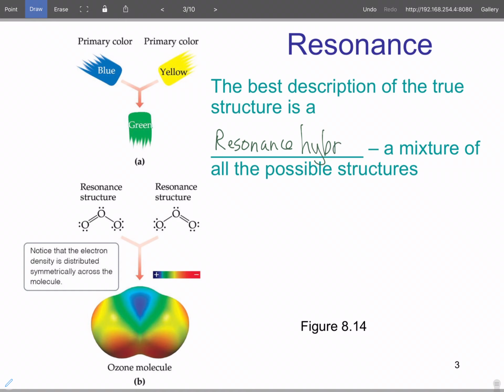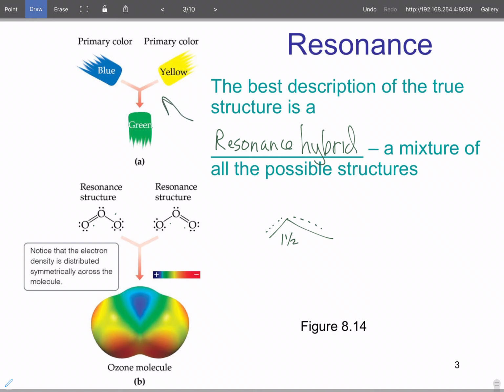A resonance hybrid structure is a mixture of all the possible structures. For example, if we have 2 to 1 and 1 to 2, then your best option is 1.5 for each bond. Up here they've got the description of blue and yellow makes green.